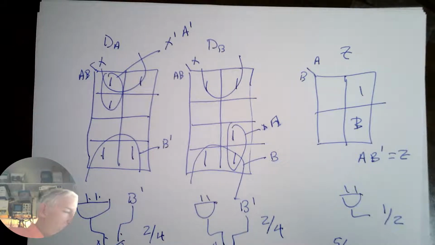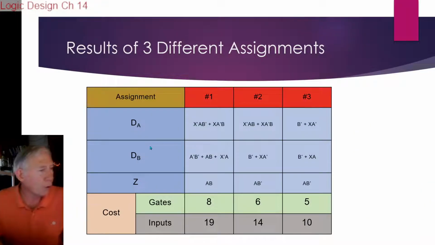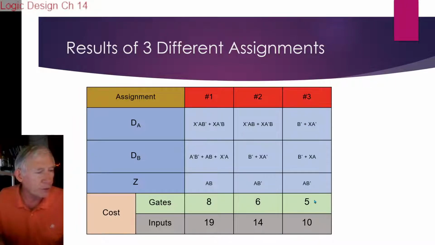Okay, so now if we go to the next here, we'll see that for our first flip-flop state assignment, we had 8, 19, 8 gates, 19 inputs. For number 2, we had 6, 14, and for number 3, we had 5, 10. So as you see, there actually was a pretty big difference. Notice we went from 8 gates and 19 inputs to 5 gates and 10 inputs in our simplest.